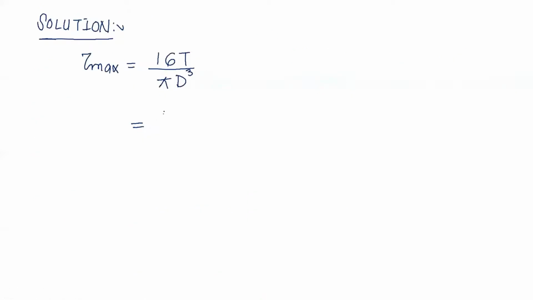So 16 into 15 kip-feet. And you know that shearing stress is a stress, so its unit will be psi or ksi, pounds per square inch. So here will be pi d cube. The value of D given in the question is 4, so it will be cubed, inch cube. We have to convert kip into pounds and feet into inches.